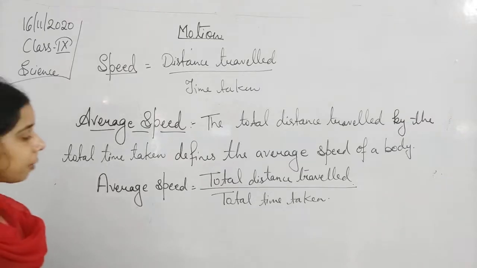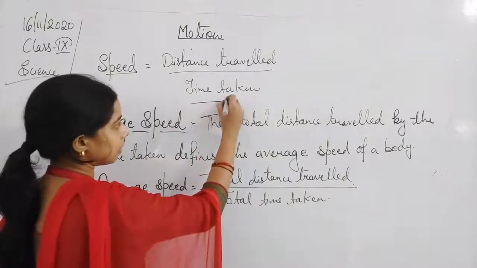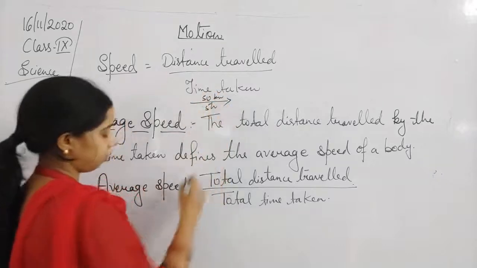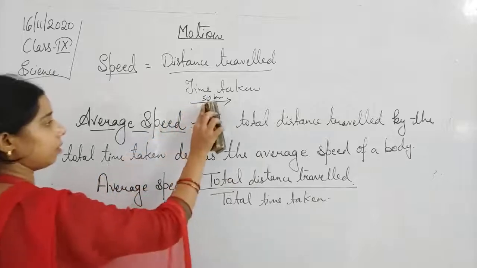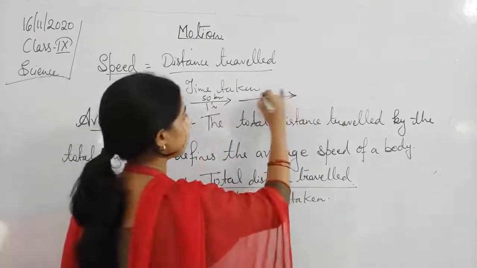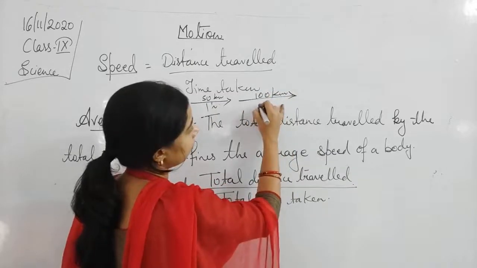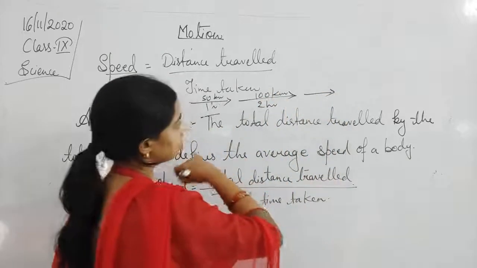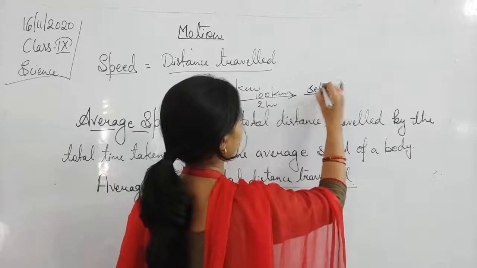Okay, so suppose a car is moving and at first it travels 50 kilometer in 1 hour, then again it travels 100 kilometer in 2 hours, and then again it travels 50 kilometer in 1 hour.